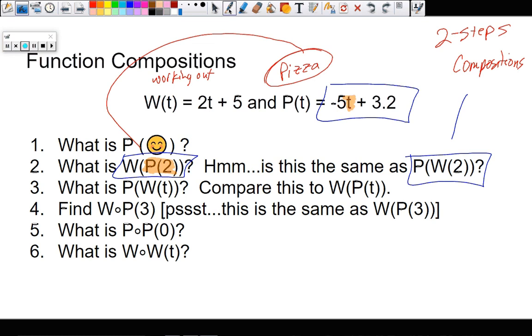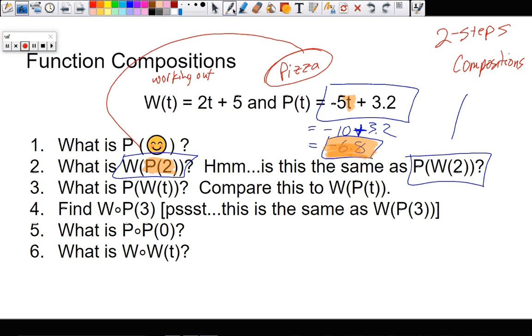What would I get if I plug 2 into this? -10 plus 3.2, right? What does that give me? -6.8. So this right here is going to be a -6.8 as an answer to this P of 2.